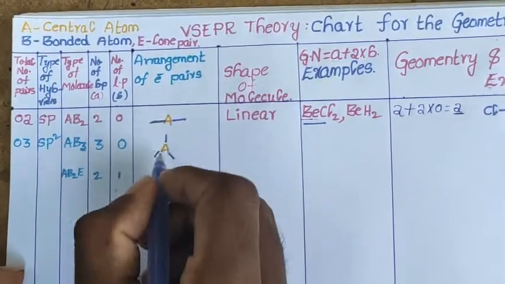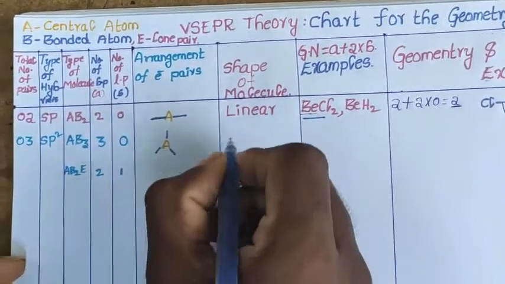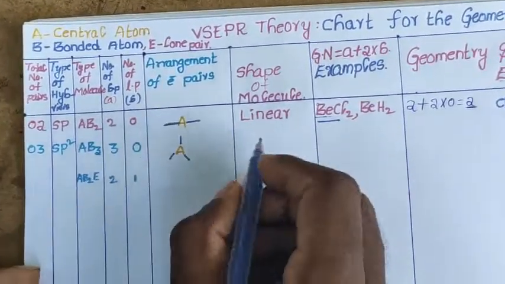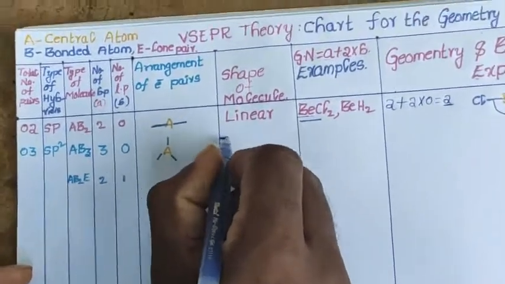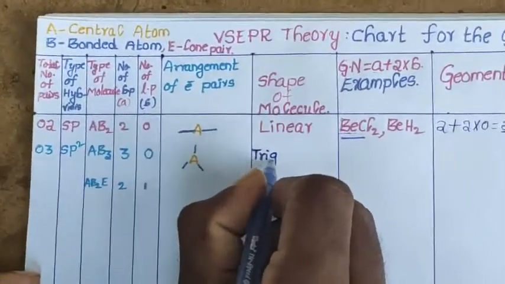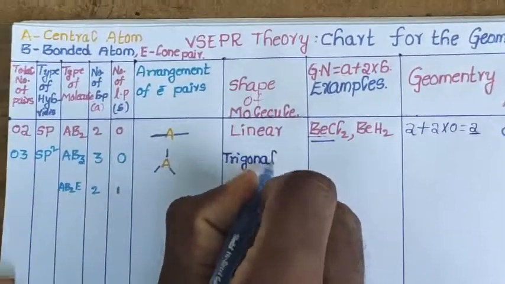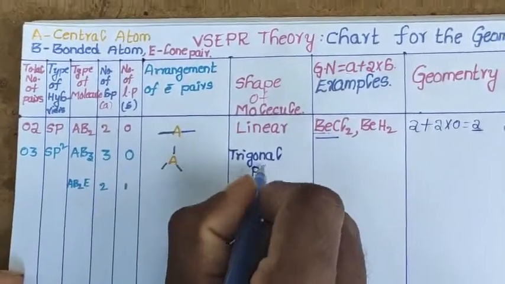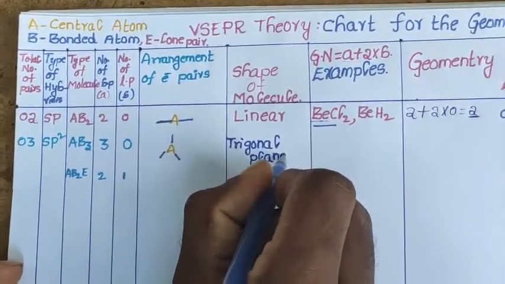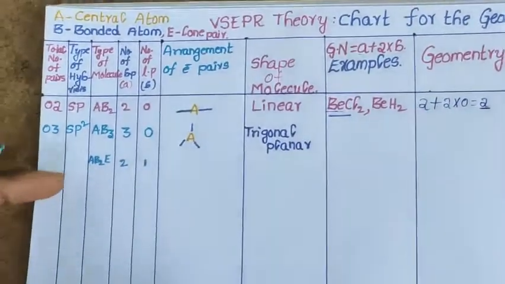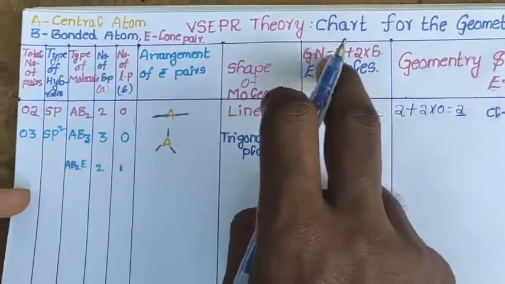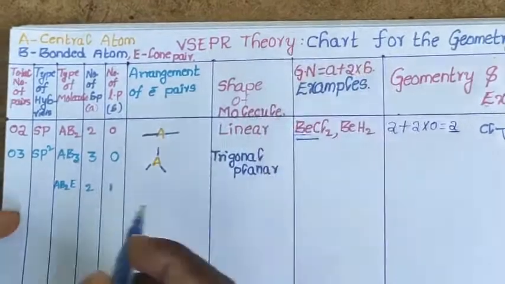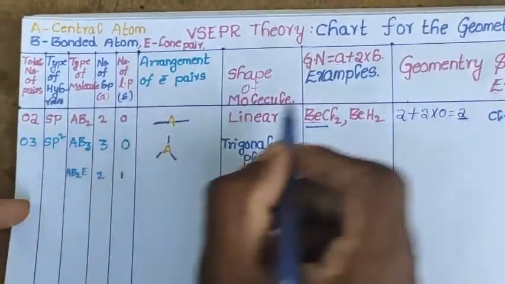Okay students, so what is the shape? How many bonds are there? 3. So that's why trigonal planar. According to the group number formula, A means 3, B means 0.